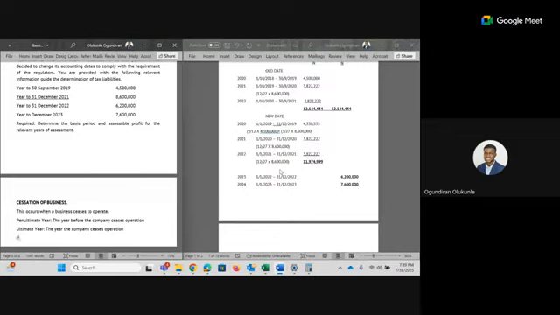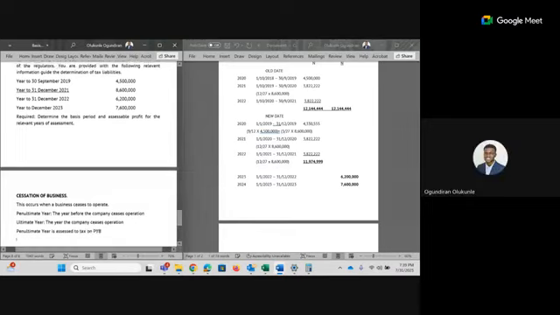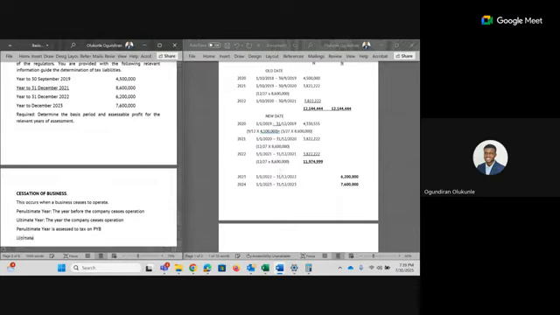The penultimate year is assessed to tax on preceding year basis. The ultimate year is assessed to tax depending on the date of cessation.